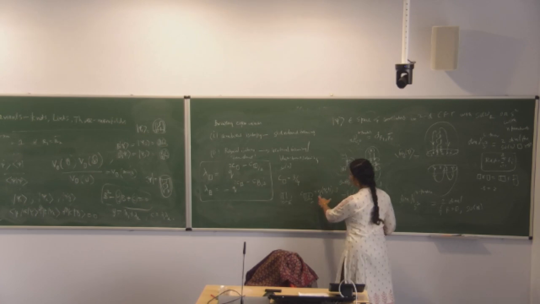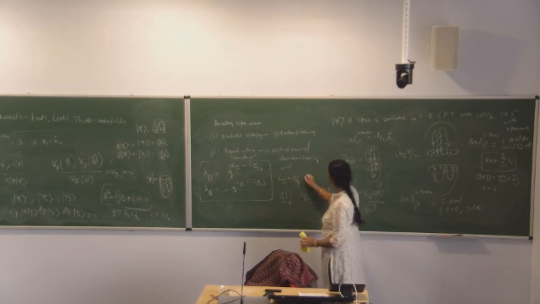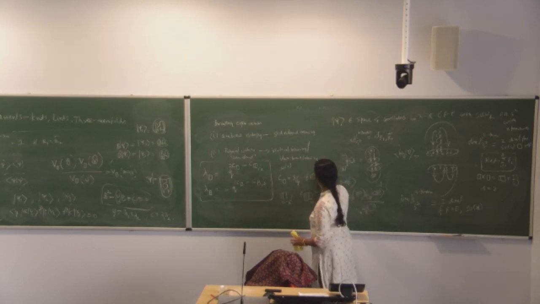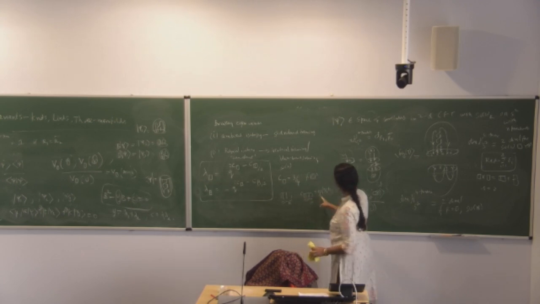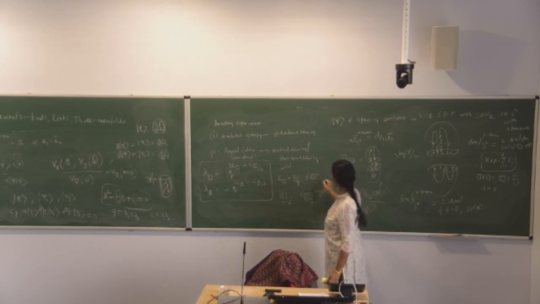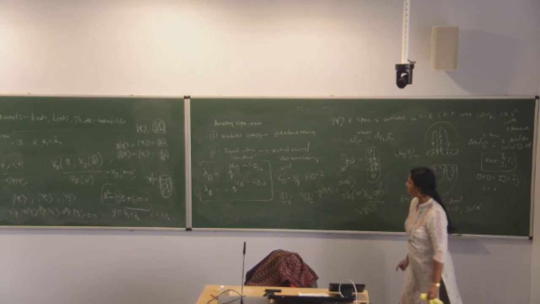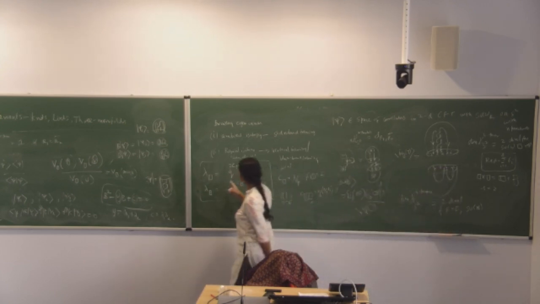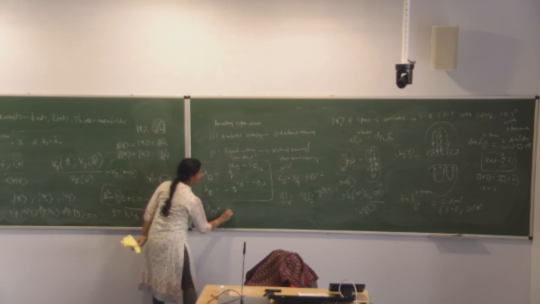So if you put n to be 1, you will get 3 by 4. And C of double box will be 2 by 2 into 2 by 2 plus 1, which is 2, right? Is that right?